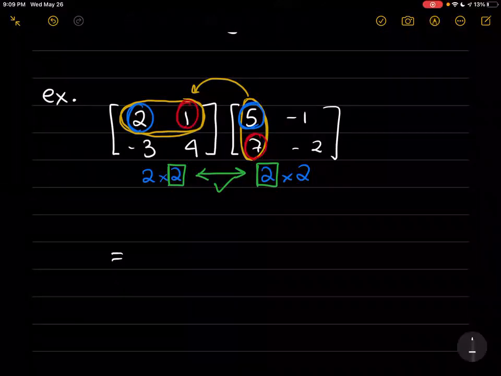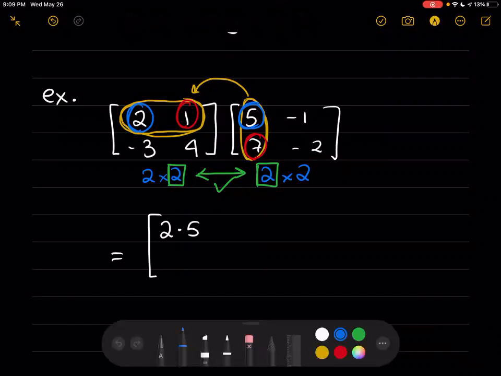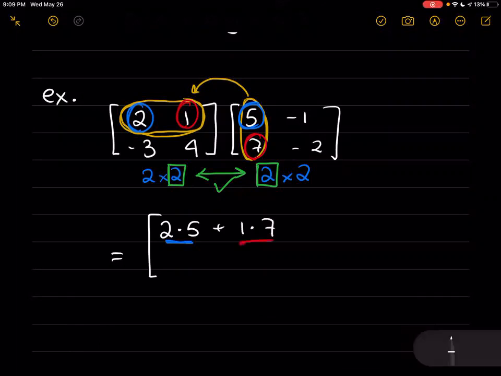And so that will be the very top left entry of the new matrix product. So it'll be 2 times 5, so that's the blue, plus 1 times 7. Those are the things we circled in red. Okay, so that's our first entry.